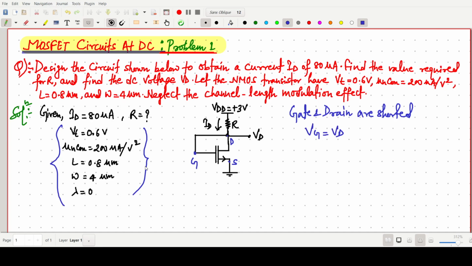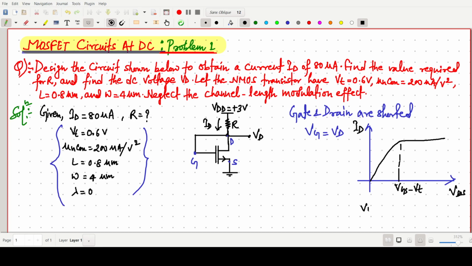In which region it will operate we have to know first, because after that we will write the drain current equation. Here is the simple characteristic curve, ID versus VDS. It will go like a high pass filter response, and this value will be VGS minus VT.